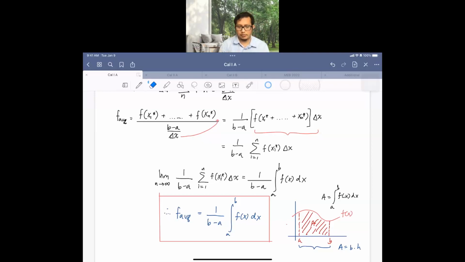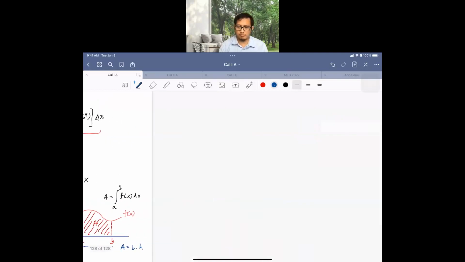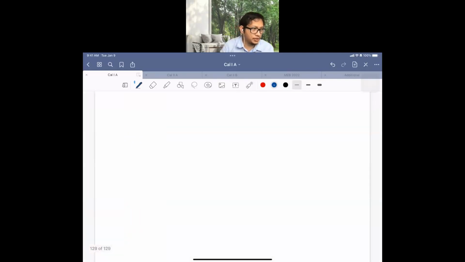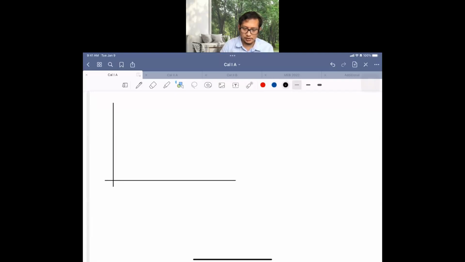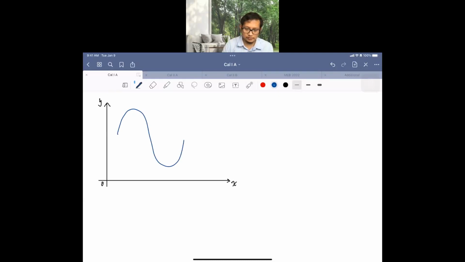Okay, I think we can take it to the next page for today's. So let me just draw some illustrations to give you more insight and ideas. Okay, let's say we have a function like that.